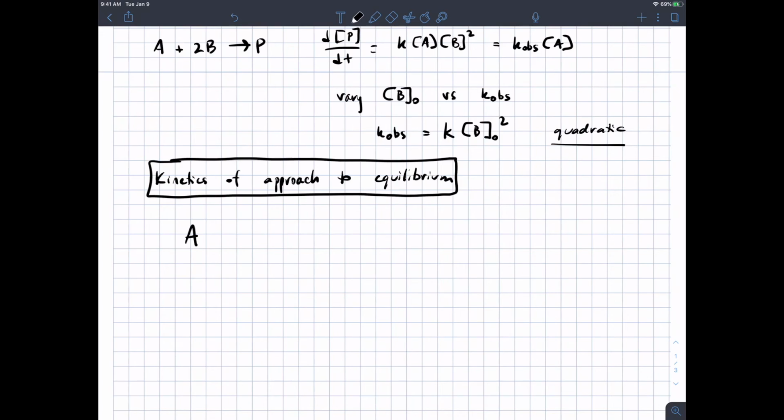For example, for the simple conversion of A into B with a forward rate constant and a reverse rate constant, at equilibrium, the rate of change of A equals 0. Am I doing that right?